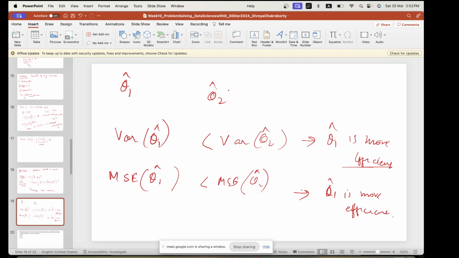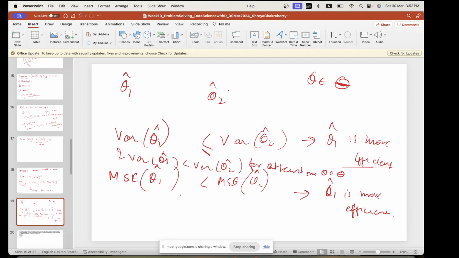But that we need to be aware of. Since this is a parametric estimation, theta will belong to some parameter space, which is also denoted theta. If the variance of theta 1 hat is less than or equal to the variance of theta 2 hat, and strictly less for at least one theta belonging to this space theta, then we say that theta 1 hat is more efficient than theta 2 hat.